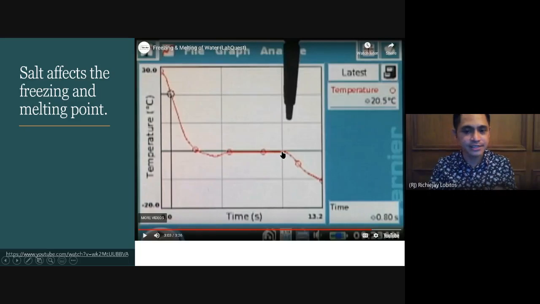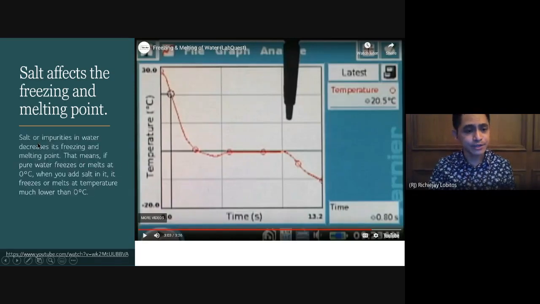Instead of just 0 degrees Celsius, it went lower than that. Salt or impurities in water decrease its freezing and melting point. And that means if pure water freezes or melts at 0 degrees Celsius, when you add salt to it, it freezes or melts at a temperature much lower than 0 degrees Celsius.